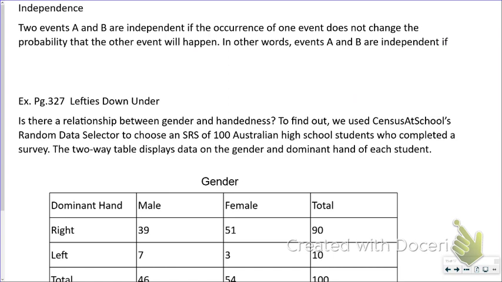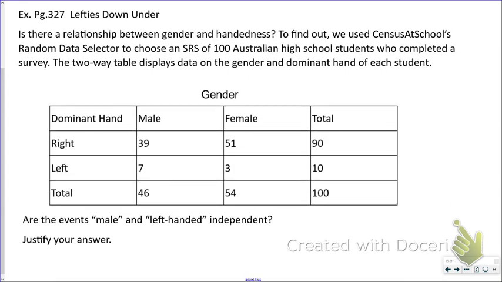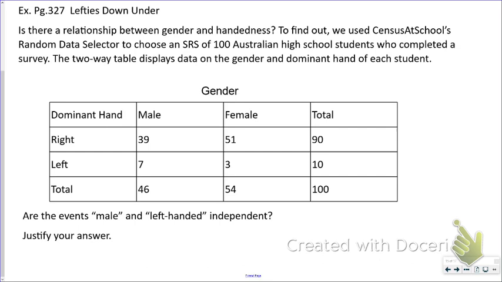So for example, on this problem you see here, lefties down under, we want to check to see if male Australian high school students are independent of left-handed people. So I want to see if P(male) times P(left) equals P(male and left).